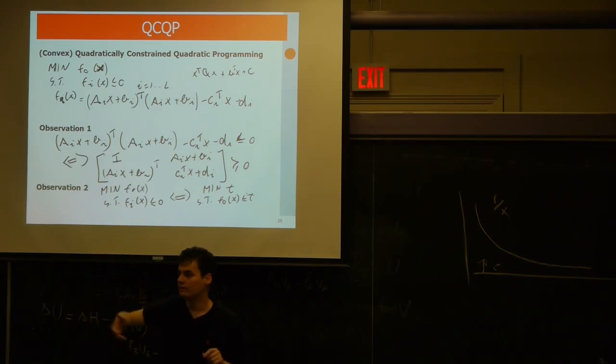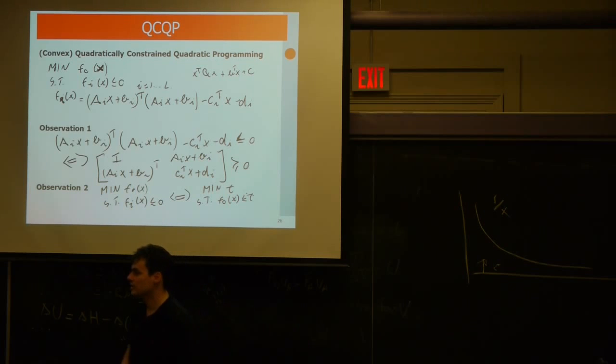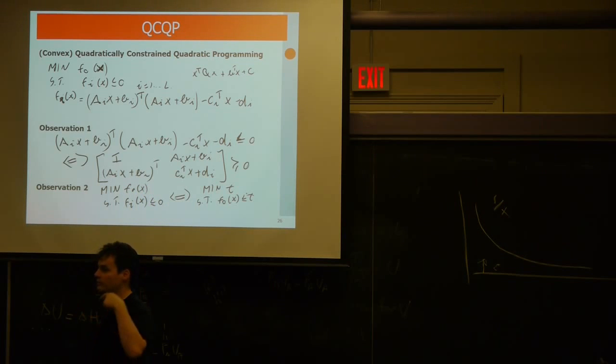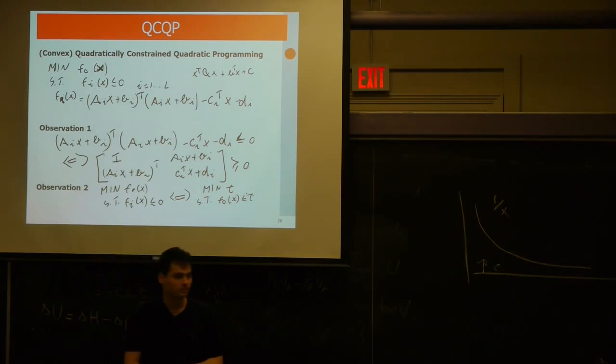What do you think, how difficult will this problem be? The question is clear, right? If we forget that they were convex quadratic functions, we just have quadratic functions, quadratic objective, quadratic constraints, how difficult will that problem be?